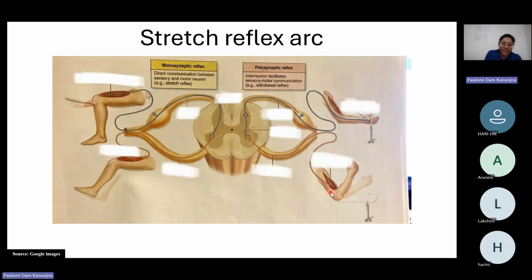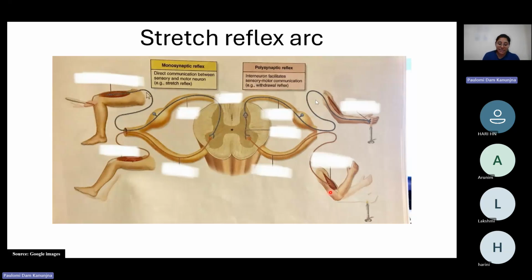Now, what is the inherent difference between these? Why do you need these two types? Because remember, we keep saying we need more synapses so that more information is passed. Then why do we have these two differences? Stretch reflex is only monosynaptic and withdrawal reflex is polysynaptic.